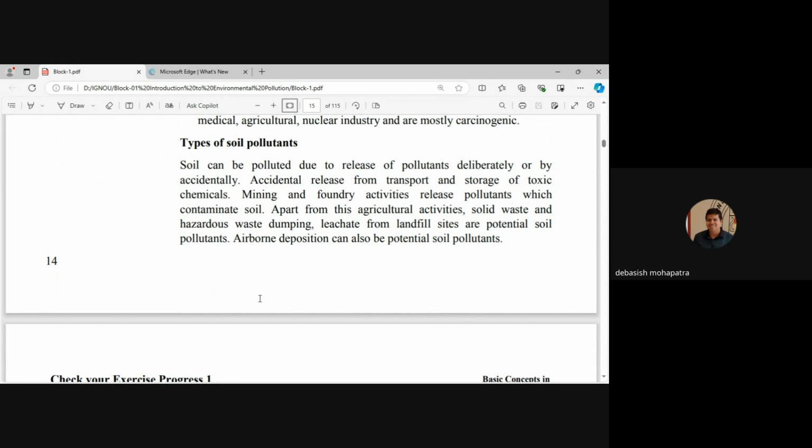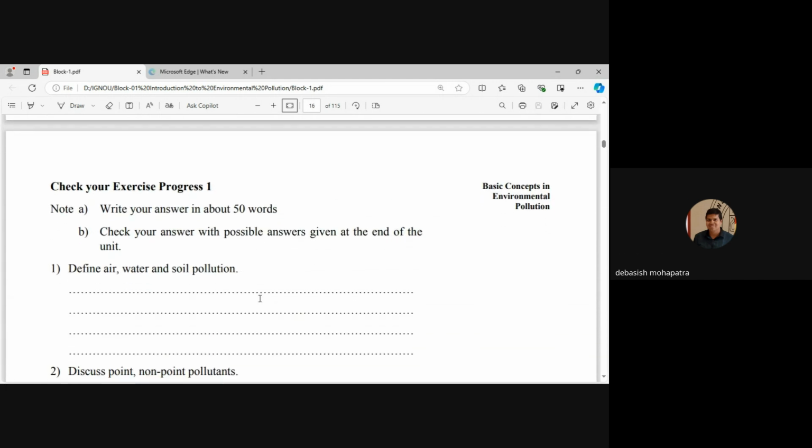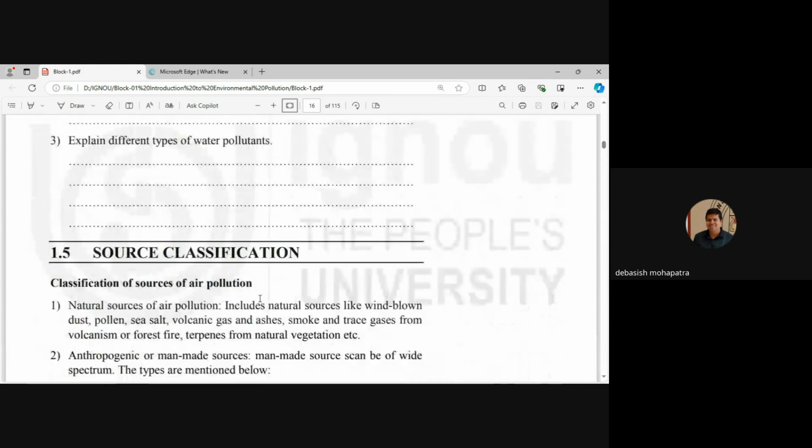Apart from agricultural activity, solid waste and hazardous waste dumping and leachate from landfill sites are potential soil pollutants. Airborne deposits can also be potential soil pollution. So these are the various sources. Last class also I had discussed. This ends your unit 1.